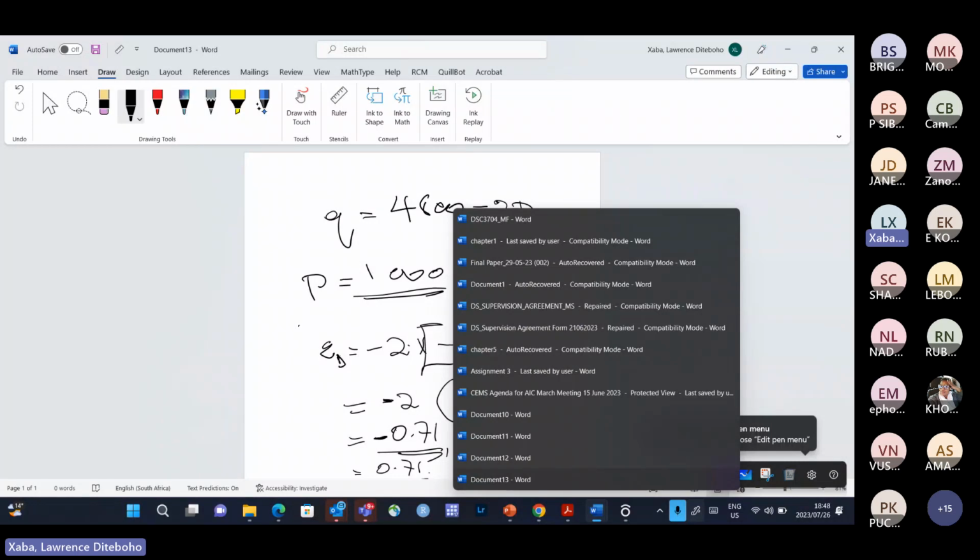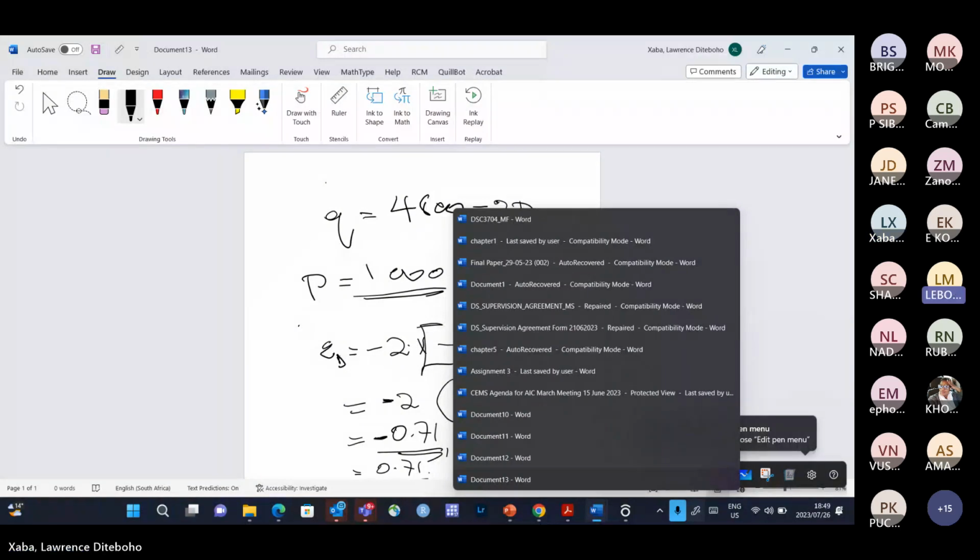Because we got 3 and 3 is greater than 1, and that tells us the demand is elastic at this price. So it means it can increase. And we can further say that a 1% increase or decrease in the price will cause a 3% increase or decrease in demand. Do you understand me?